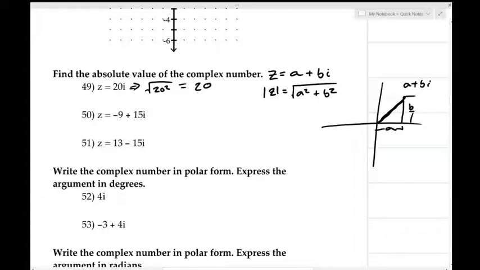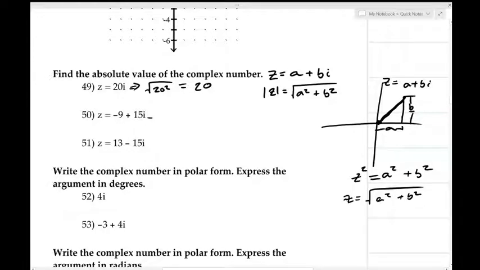So in order to go from the origin to the point a plus bi, we take the a squared and b squared, and that'll give us z squared, but z is the square root of a squared plus b squared, right? So that's where that comes from.